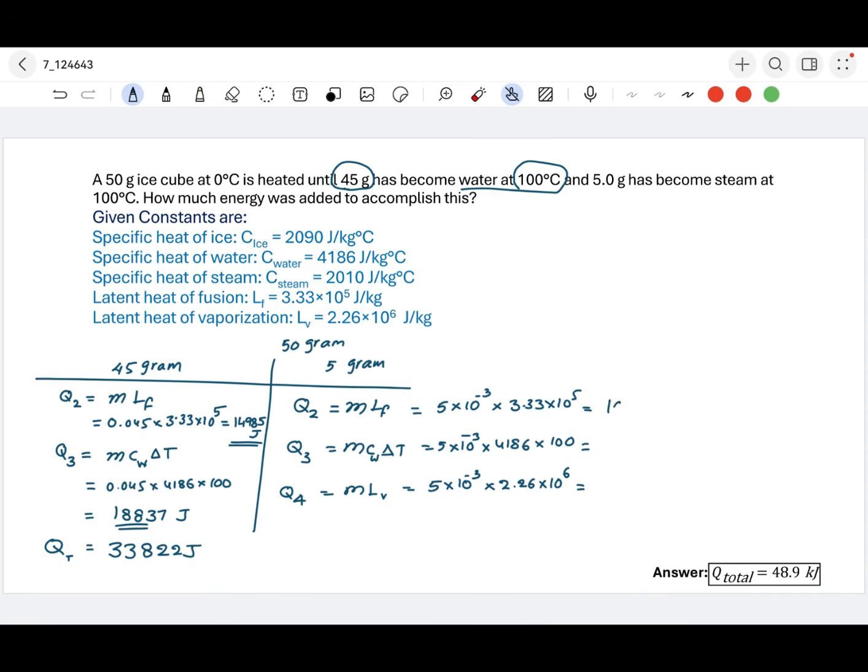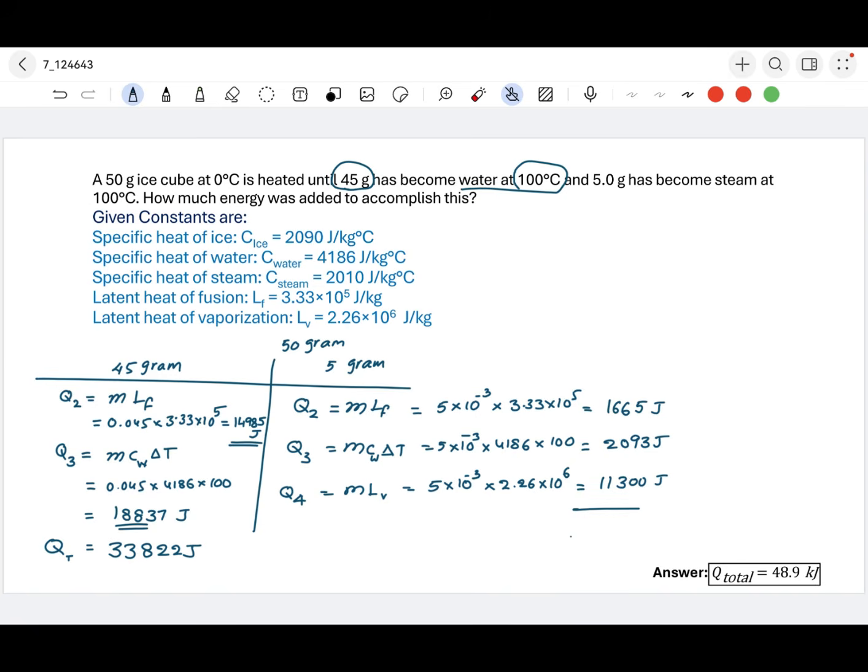The first one is 1665 joule. The second one is 2093 joule. Third one is 11300 joule.